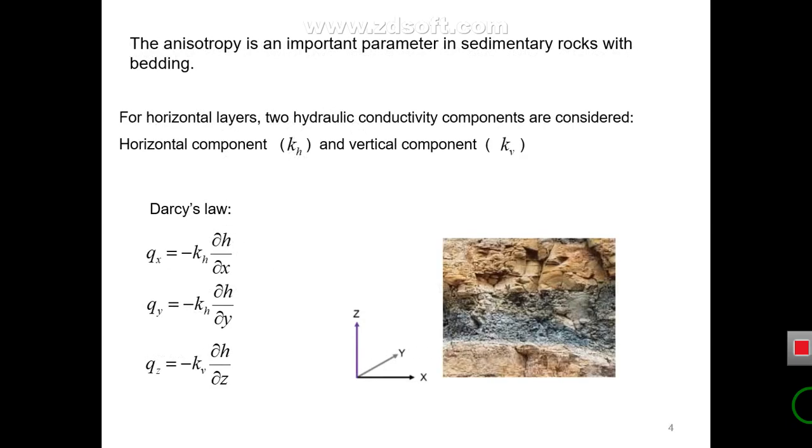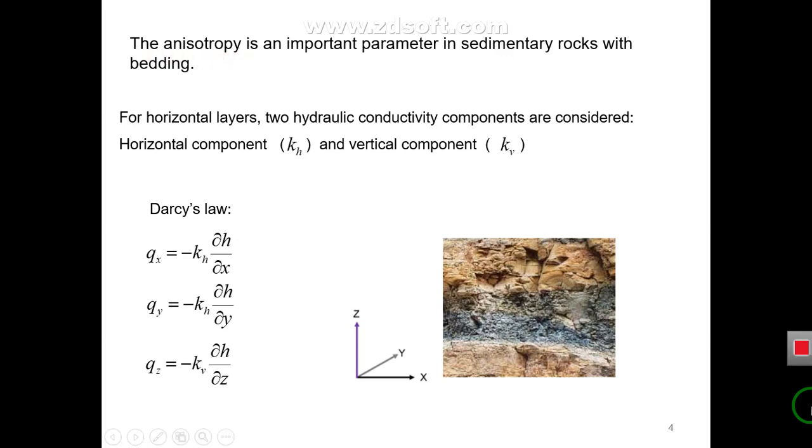As you know, sedimentary rocks are characterized by bedding, which occurs when layers of sediment with different particle size and thicknesses are deposited on top of each other with horizontal layers.